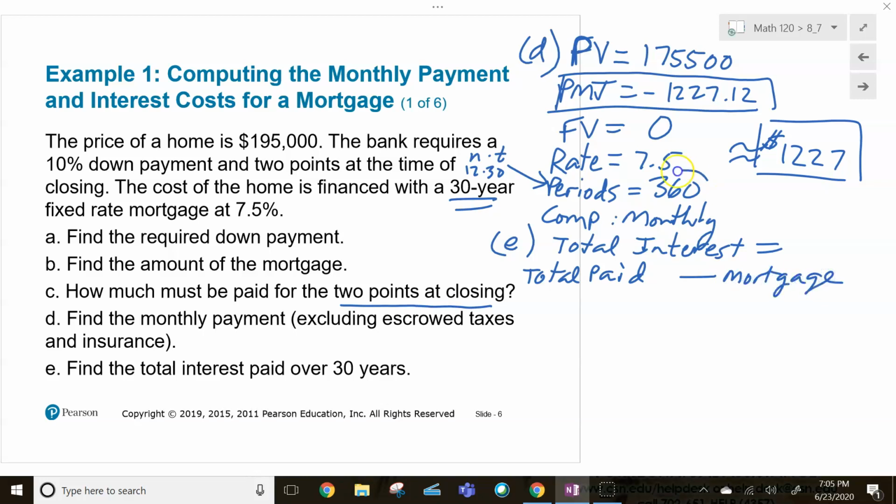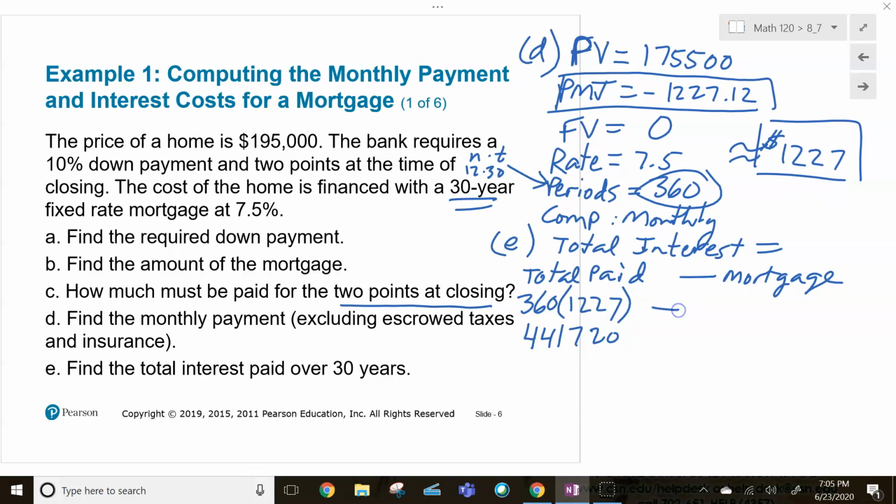So we made 360 of these payments, right? 30 years, 12 times a year, 30 times 12, 360 payments, and we're going to round that to 1227. So 360 times 1227 is we paid 441,720 over 30 years.